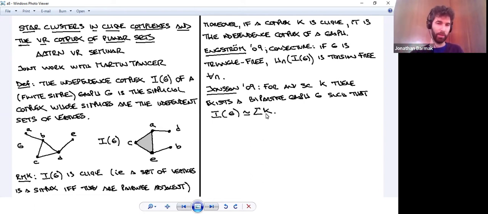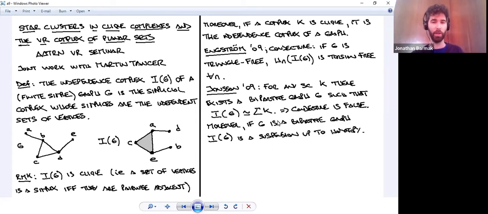A suspension could have any homology group; we are just shifting the original homology of K. So in fact, any finitely generated abelian group could appear as the second, third, or any higher-dimensional homology group of the independence complex of a triangle-free graph. So the conjecture is really false. Anything can happen here.